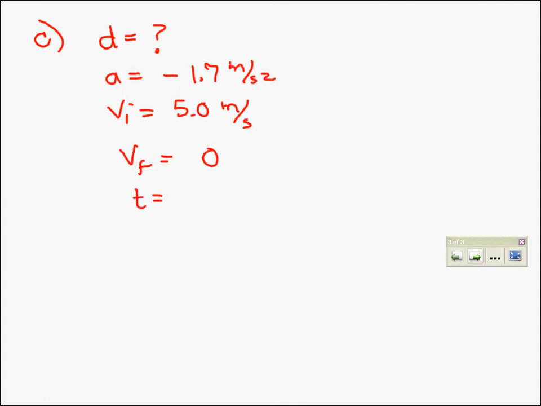This all happens in 3 seconds. So looking at your equation sheet, we're trying to find d. We have t, we have vi, we have a. Our basic equation will be d equals vi t plus 1/2 a t squared.